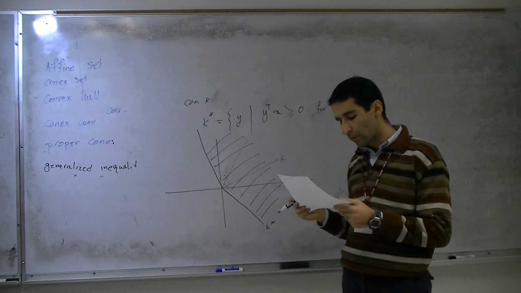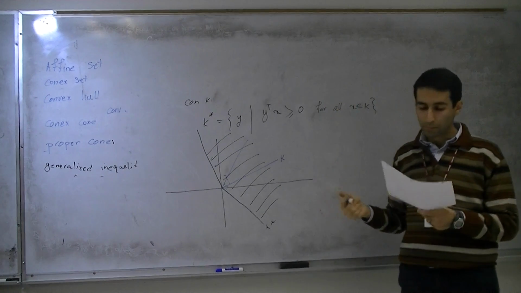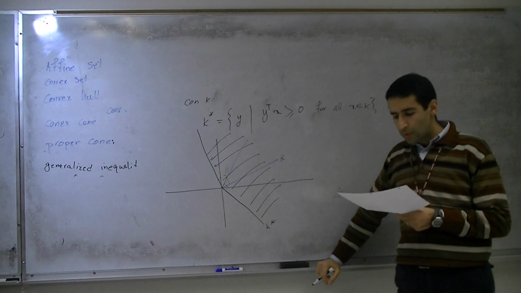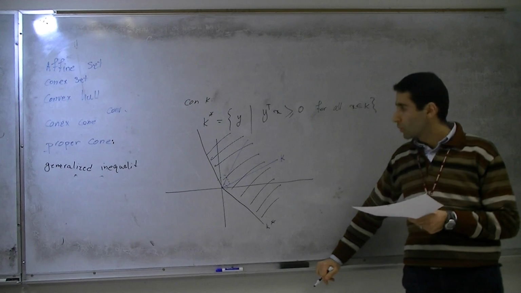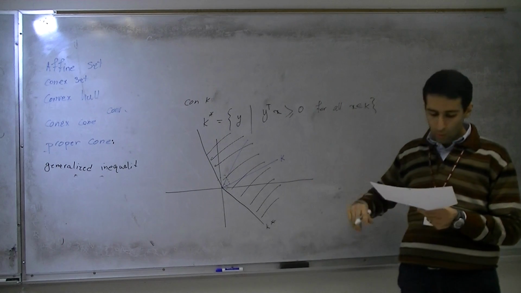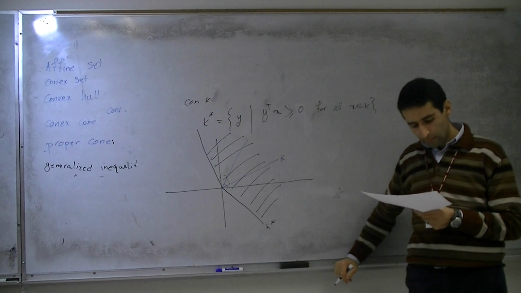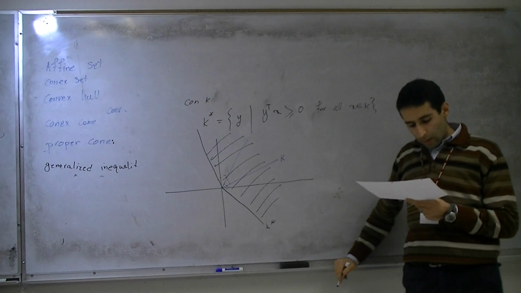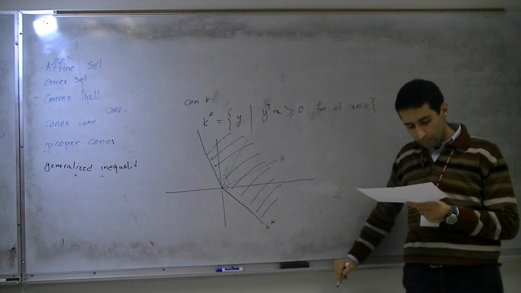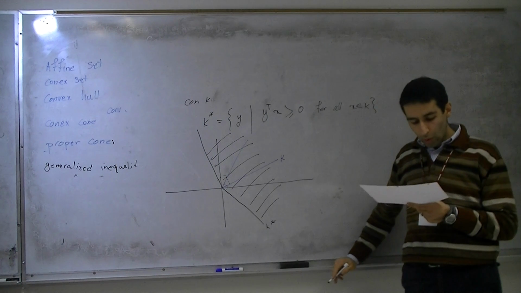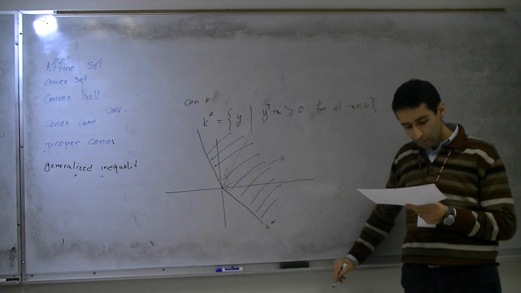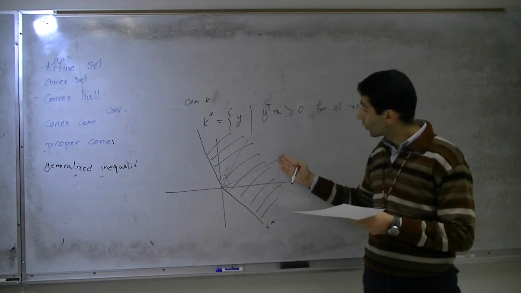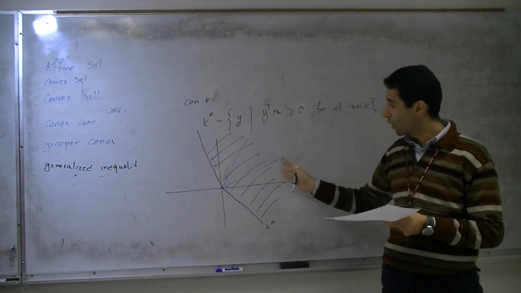For example, the positive semi-definite cone: the dual of that cone is equal to itself, and we call it self-dual. And a dual cone is proper if the cone is proper; the dual of that also is proper.